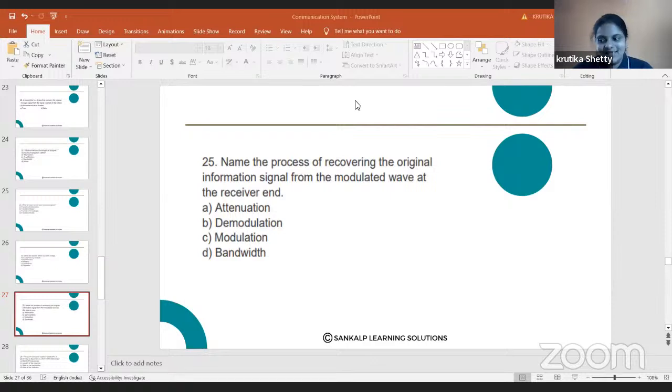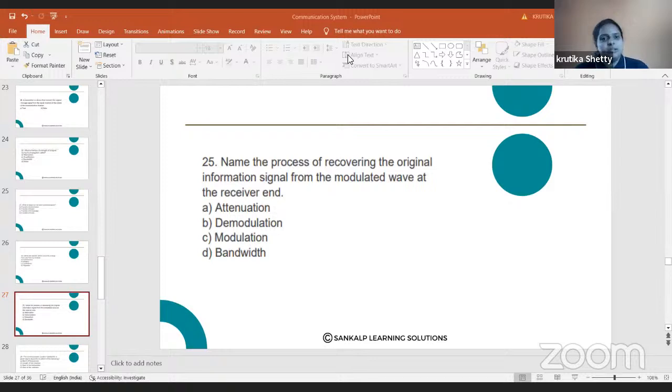Demodulation or modulation, confirm and tell me. I think still you will have the confusion in the definitions, right? Because still you are not sure.